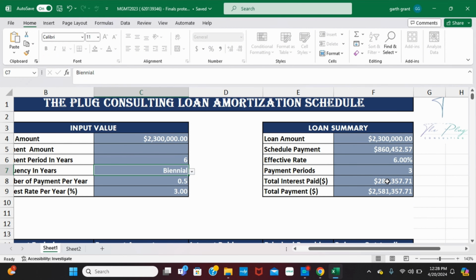Basically, because this was 2.16, like 216,000, when it was monthly, and now biannually it goes all the way up to 281,000.